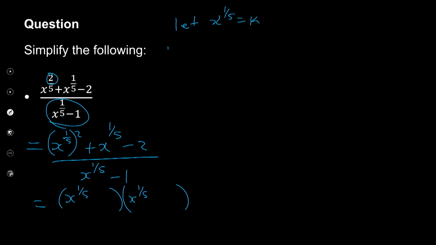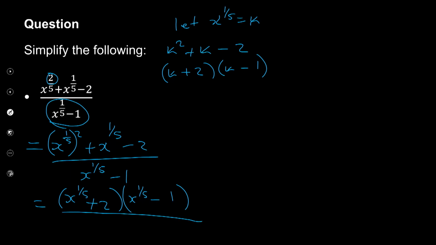This will give us k squared plus k minus 2. Then I can factorize this, which I'm sure you are familiar with. It will be k plus 2, and then k minus 1. So it means it's x to the exponent of 1 over 5 plus 2, and x to the exponent of 1 over 5 minus 1, all of this divided by x to the exponent of 1 over 5 minus 1.